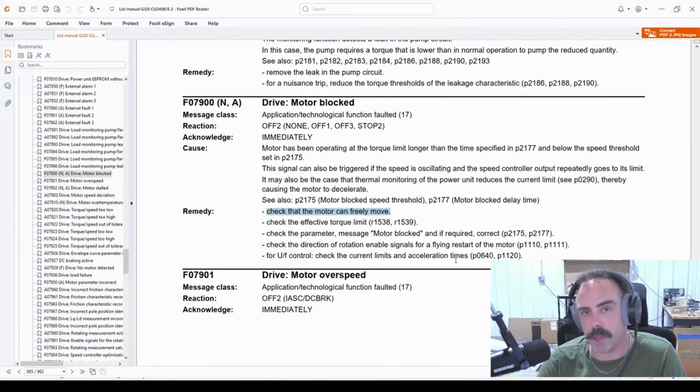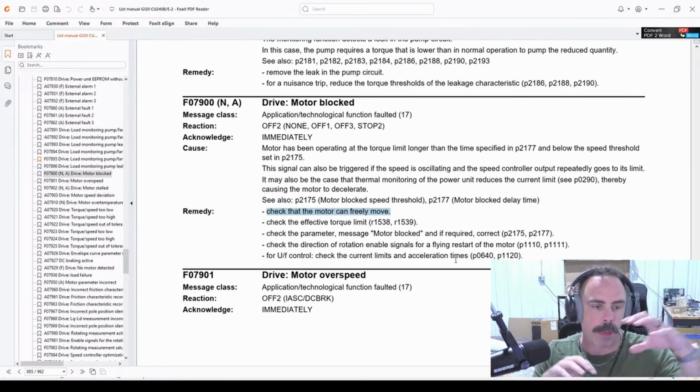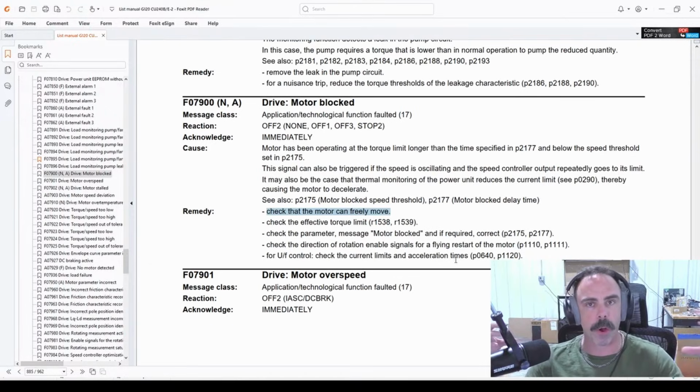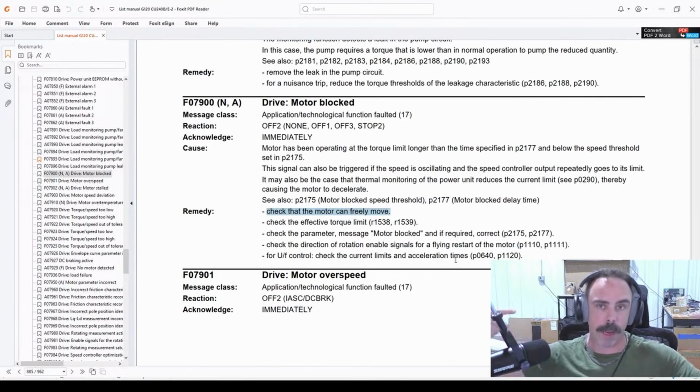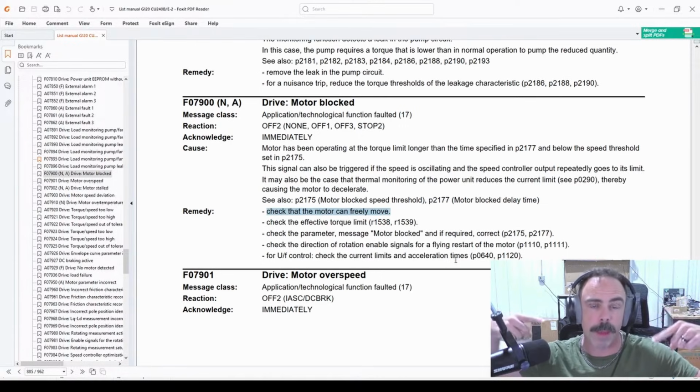Simeon, in DRIVE-CLiQ encoders, they can have the same issue, just like I'm talking about here. The DRIVE-CLiQ encoder itself could be an external DRIVE-CLiQ encoder, sitting out here on that shaft, and the motor and the encoder are facing each other.